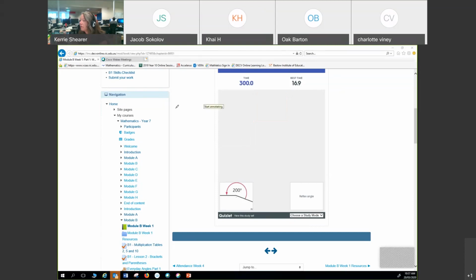If I just had your typical protractor of 180 degrees, how would I use that to measure a reflex angle? Any suggestions? Because a reflex angle is greater than 180. It's got this extra bit on. What could I do to measure this one here if I didn't have a circular one? Because it's probably a little bit easier with a circular protractor.